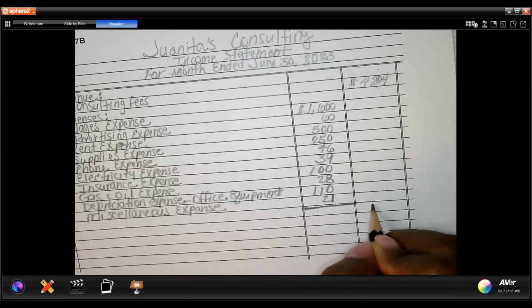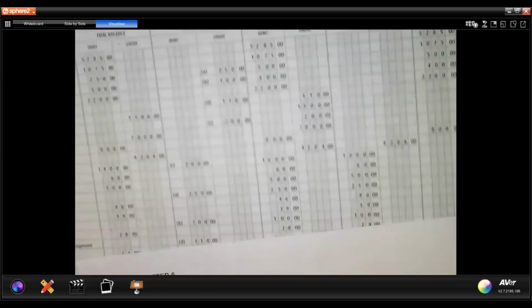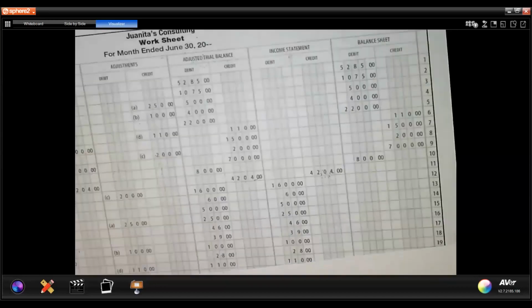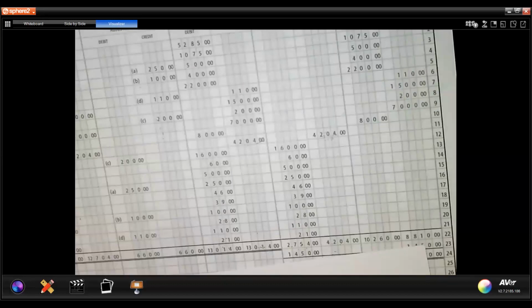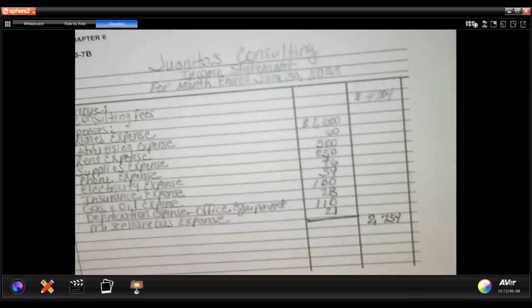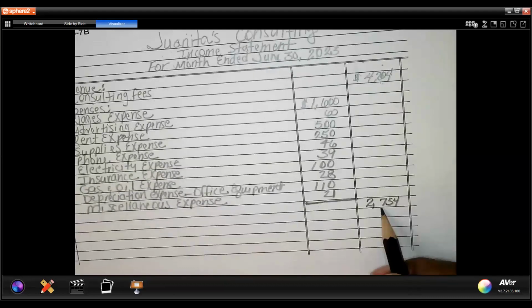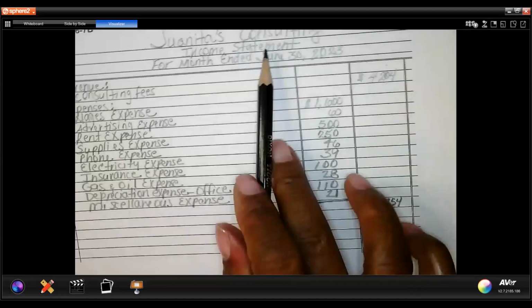So our expenses total $2,754. And let's just compare with what's on our income statement on our worksheet. As you can see, our total balance for expenses is $2,754, which is exactly what we will record on our income statement, because that's what all of our expenses total.